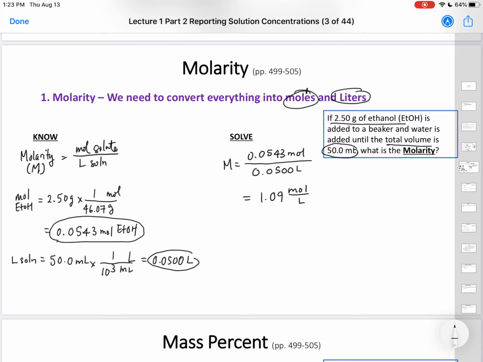Okay, you can write it like that, or you can write it as 1.09 capital M, which stands for moles per liter. So this is the same thing as this in terms of what you write. Okay, do you want to put your final answer in a box? And you need to check your significant figures. You have 3 significant figures in your given, so you should have 3 significant figures here.